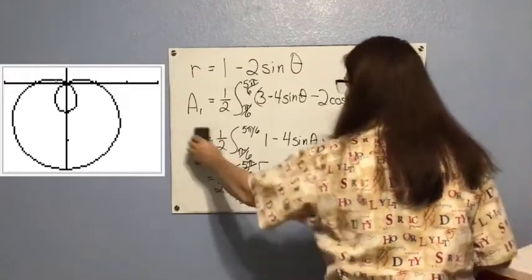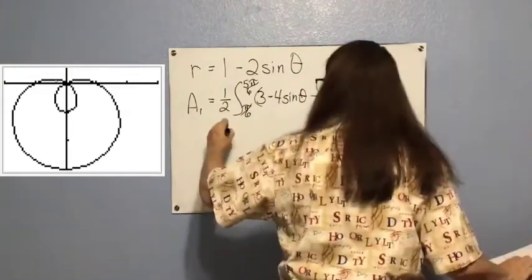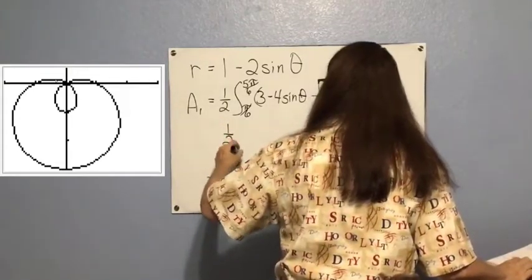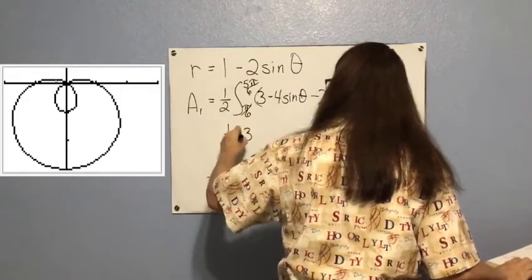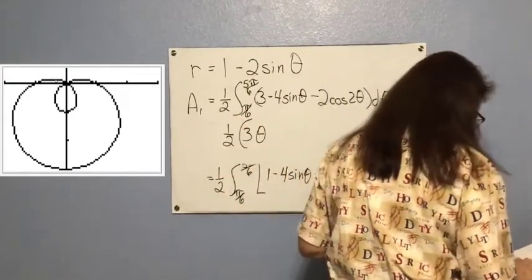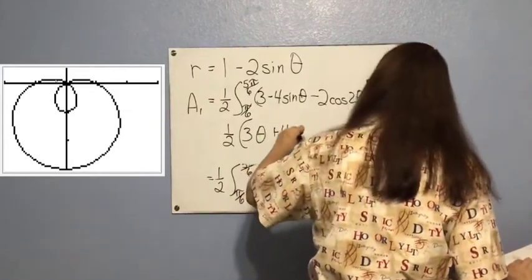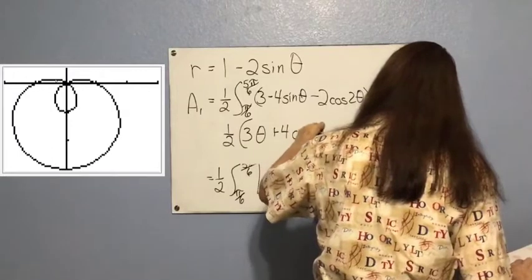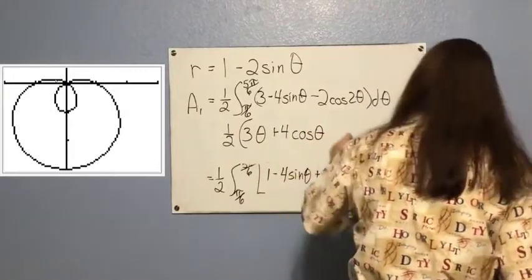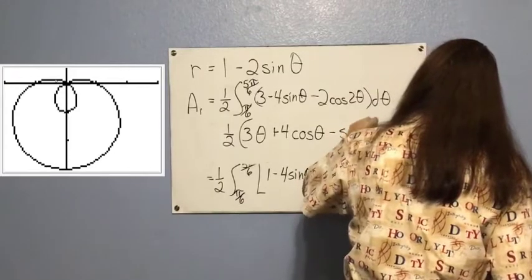Okay, finally we're ready to integrate. So it's going to give us 1/2 of 3 theta plus 4 cosine theta minus sine 2 theta.